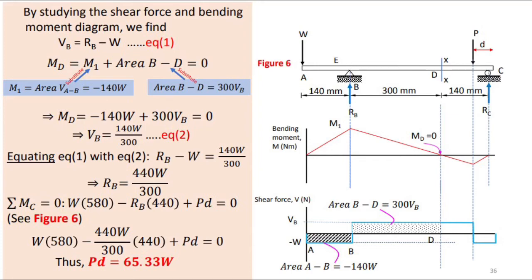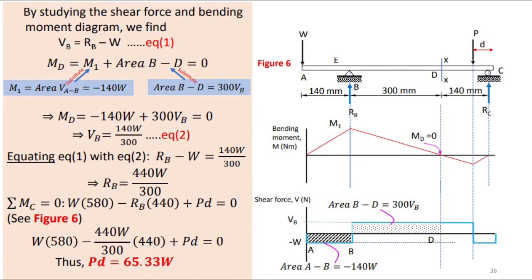Then VB equals 140 weight divided by 300. Equating equation 1 with equation 2, we get R at B minus weight equals 140 weight divided by 300. Then RB equals 140 weight divided by 300.